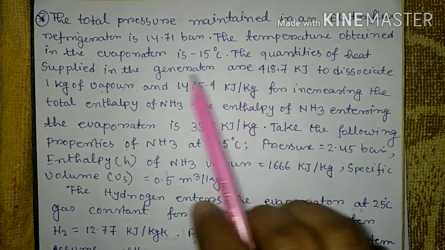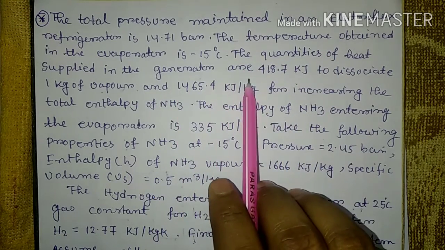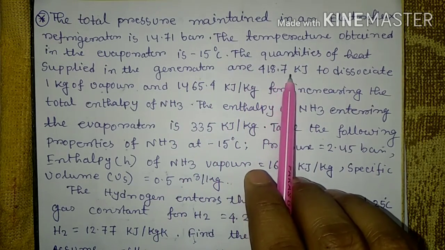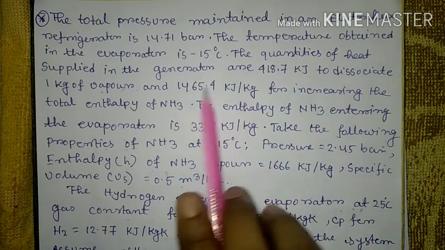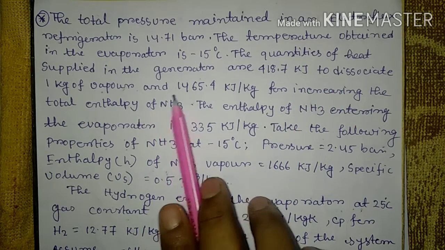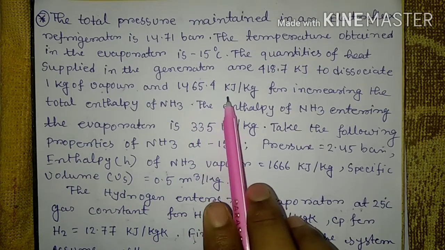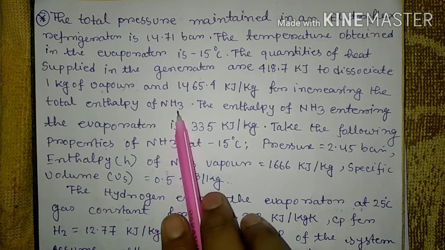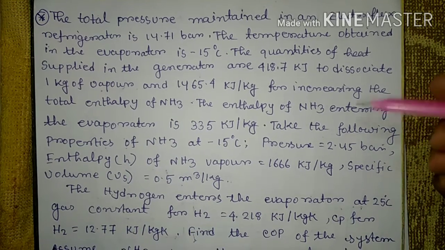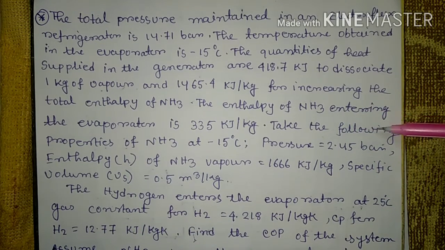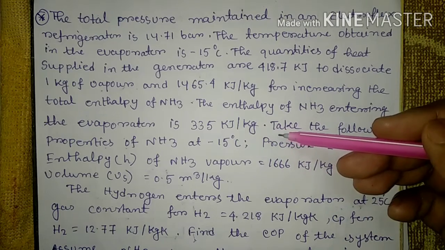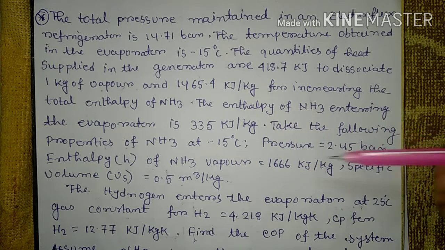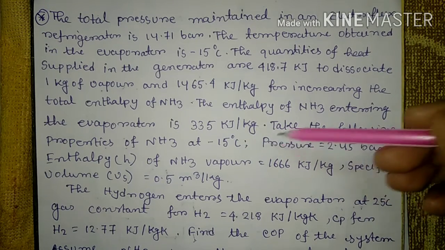The quantities of heat supplied in the generator are 418.7 kilojoule to dissociate 1 kg of vapor, and 1465.4 kilojoule per kg for increasing the total enthalpy of ammonia. The enthalpy of ammonia entering the evaporator is 335 kilojoule per kg. Take the following properties of ammonia at minus 15 degrees Celsius.